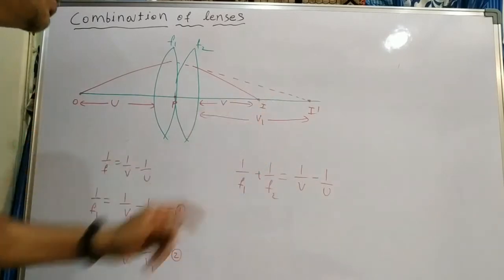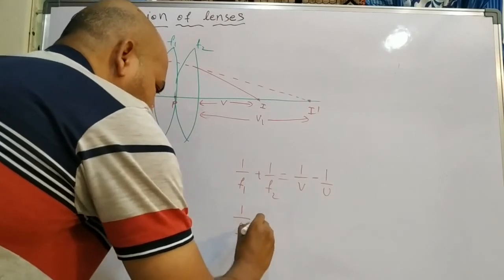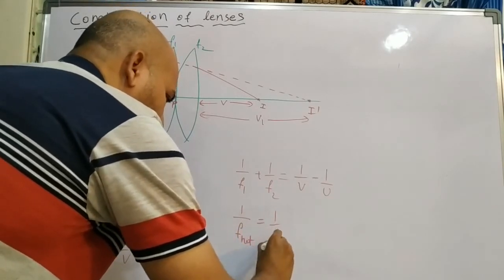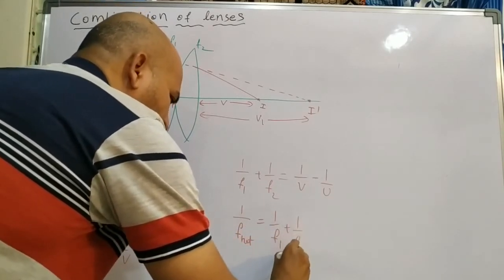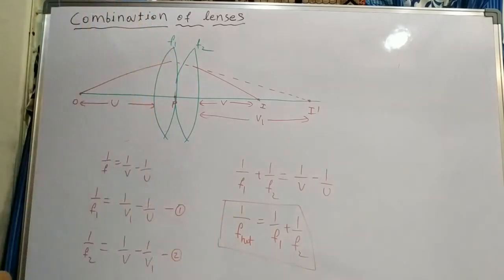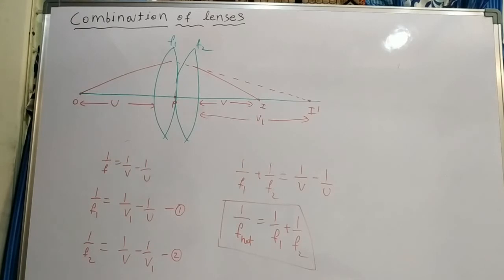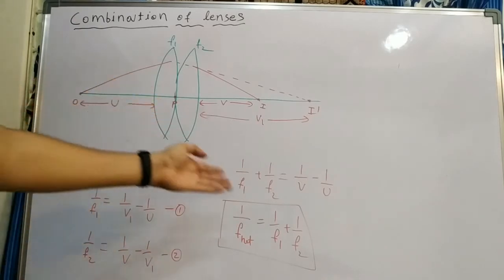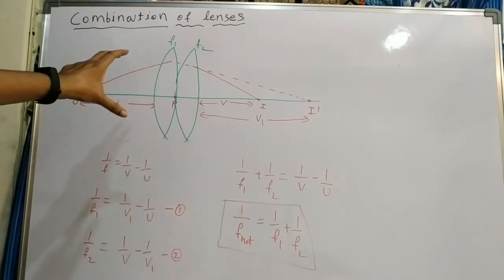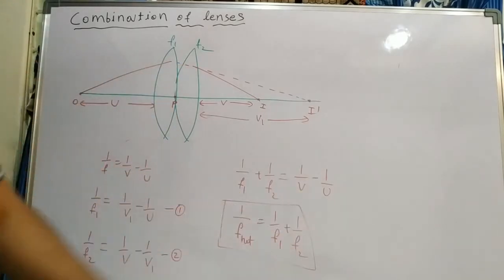In place of this we can write the focal length of the combination: 1 by f net is equal to 1 by f1 plus 1 by f2. This is the combination of the two lenses. What is the net focal length? 1 by f1 plus 1 by f2 when they are in contact. Of course, it depends upon the nature of the lens. Here both are convex lenses, so they take positive values. Sometimes if one is convex and the other is concave, then take one as positive and the other as negative. Like that we can apply the sign convention also.